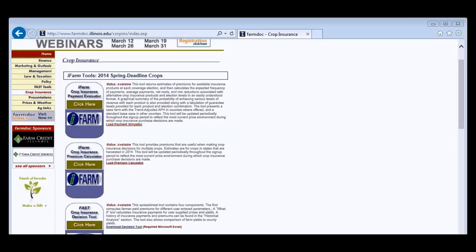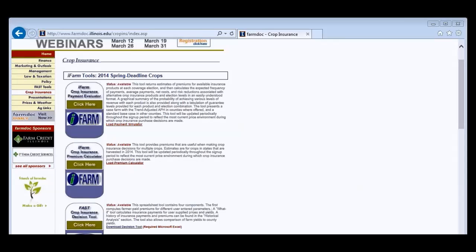The calculating of the trend adjusted APH yield and APH yield can get complicated if we have missing years in the yield series or don't go back far enough in the yield series.